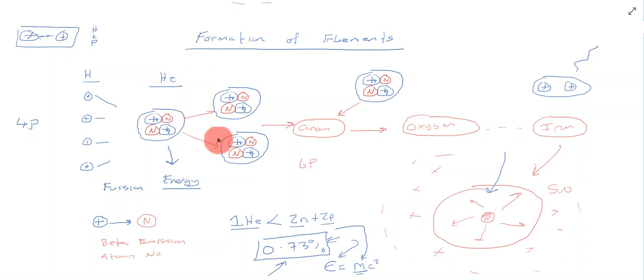So hopefully this makes sense, and this is the process for the formation of elements and how elements are forged inside the core of stars. That includes all the elements that make up us and everything around us here on Earth. They were all, at one point, generated in the core of a star. So hopefully that makes sense, and thank you for listening.